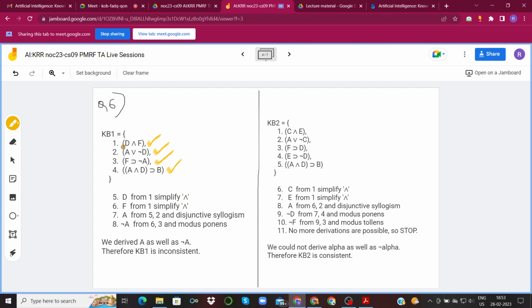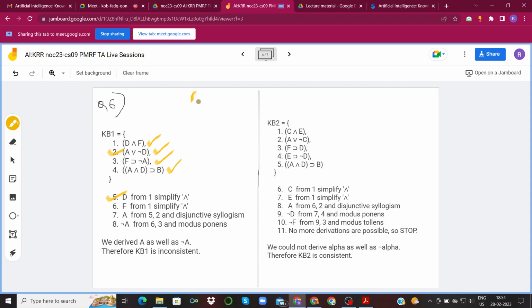Okay. So first we'll break down this D and F, and we know that anything with an AND can be broken down into its constituents, right? So we have D from 1, by simplifying the AND, and we have F from 1 again by simplifying the AND. Okay, so we have D and F. Now from this D that we derived over here and this A or not D, right?